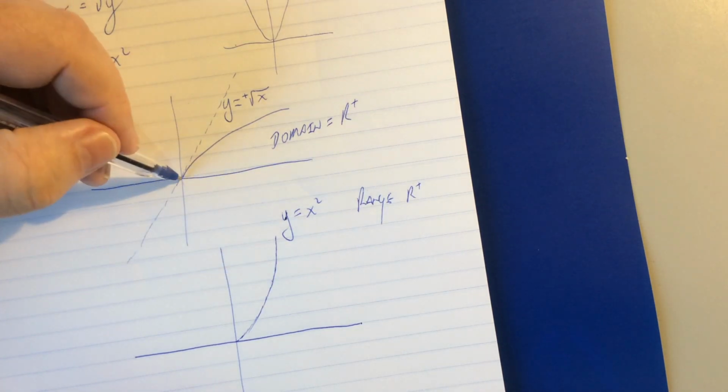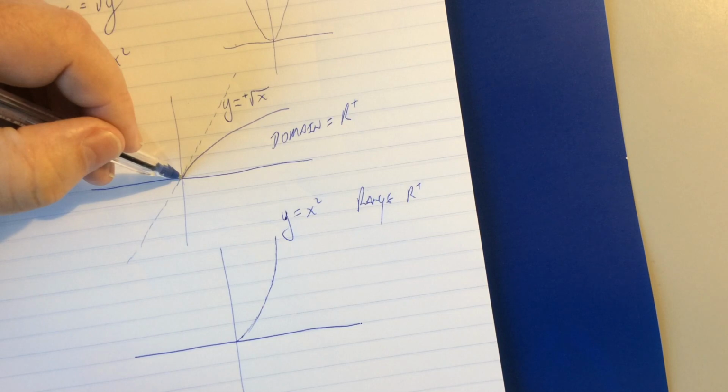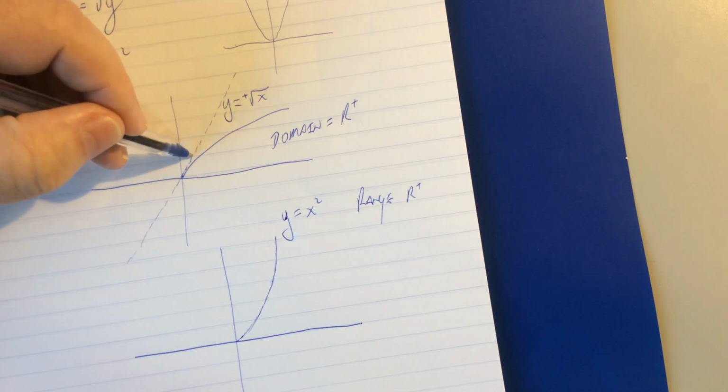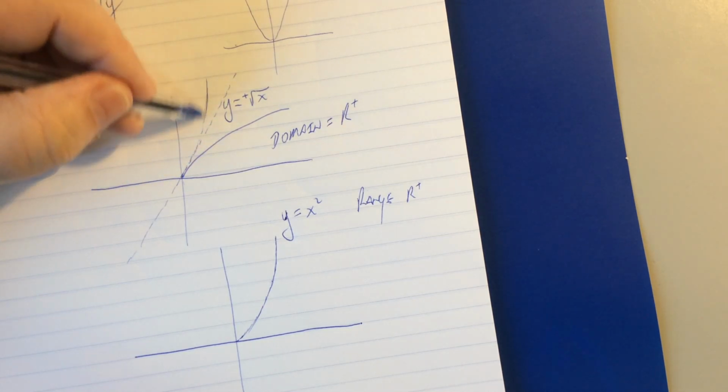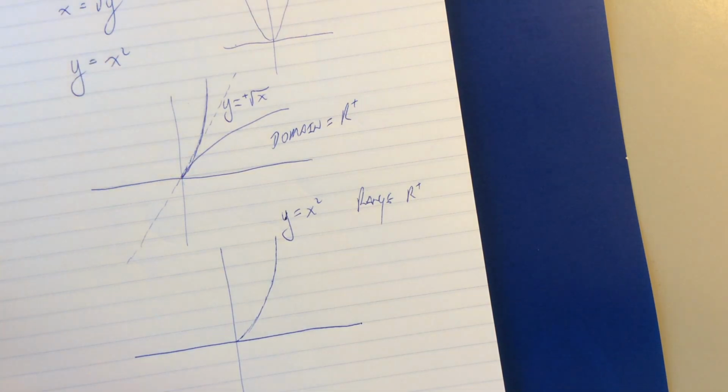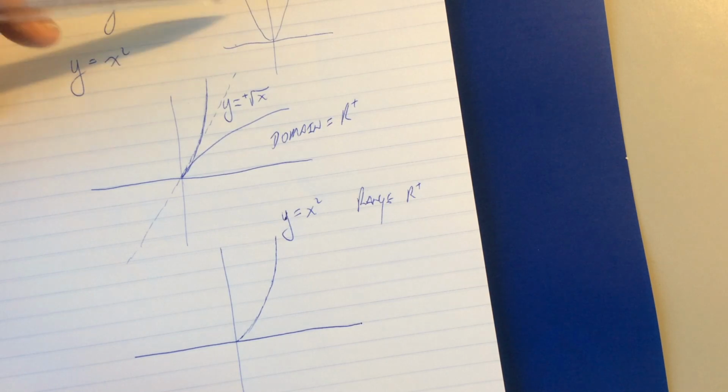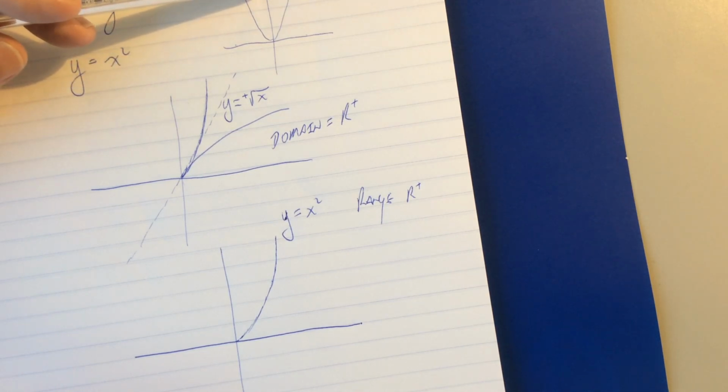Now, that makes perfect sense when you see it as a reflection here, but it takes a little bit to get your head around, because I think that people who have asked me about this have thought, well, the inverse of y equals root x is y equals x squared.